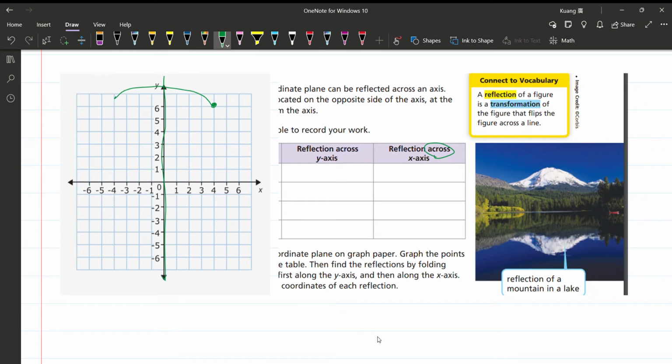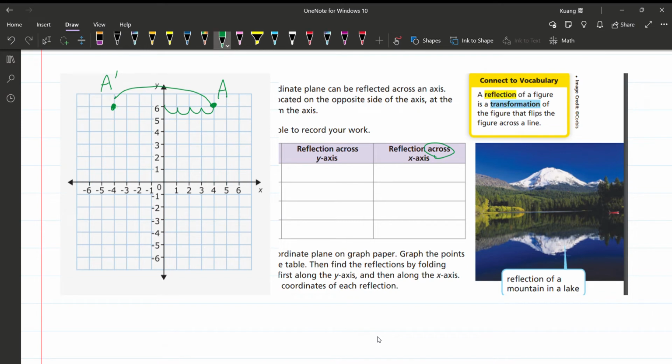But you keep the distance. Maybe this point we can call A, and this is A prime. Even when you jump over the y-axis, the distance from the point to the y-axis is the same. So you see 1, 2, 3, 4. 1, 2, 3, 4.